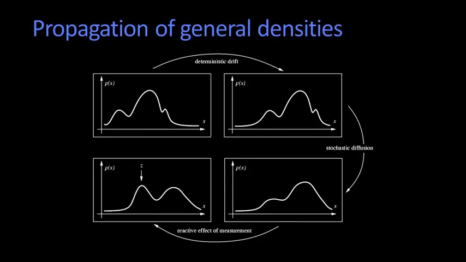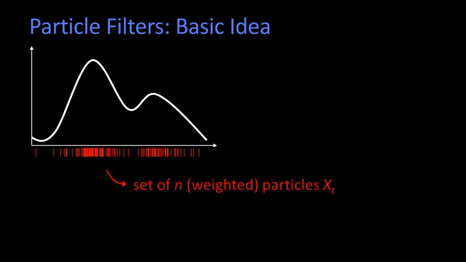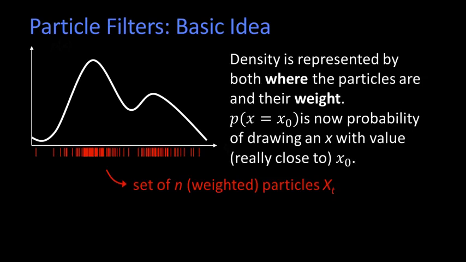All right. So you remember, I hope, that the reason we're doing all this is because unlike the Kalman filter, where we represent the densities of where things are with a nice Gaussian, the idea is we might want an arbitrary density. Graphically, that's what's shown here, the idea of propagating a density through time. Instead of having an analytic representation of our densities, we're going to have a set of particles.